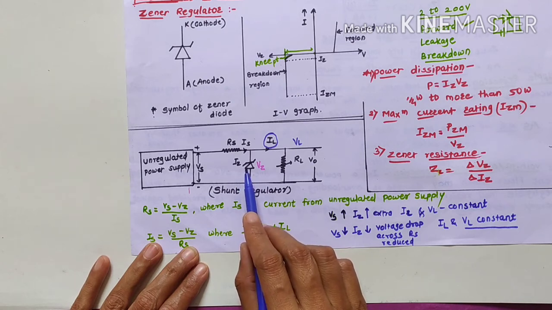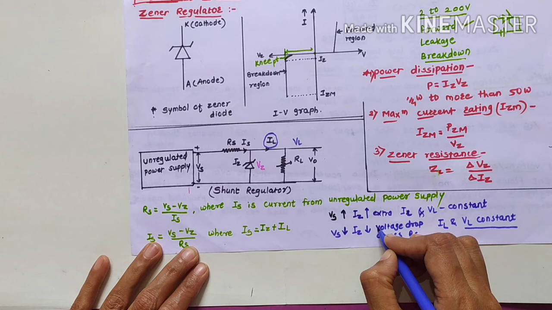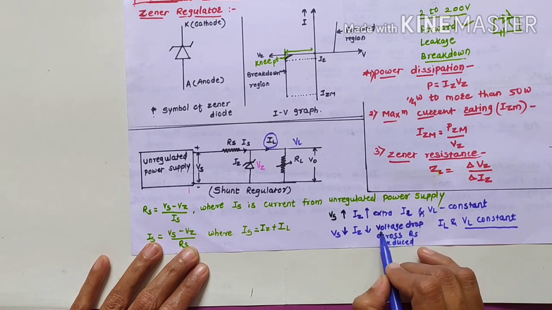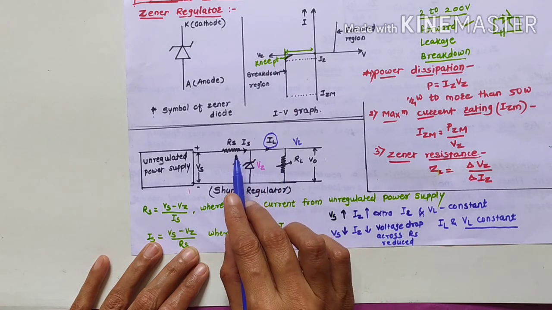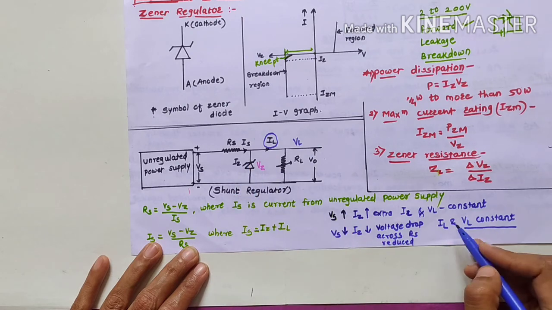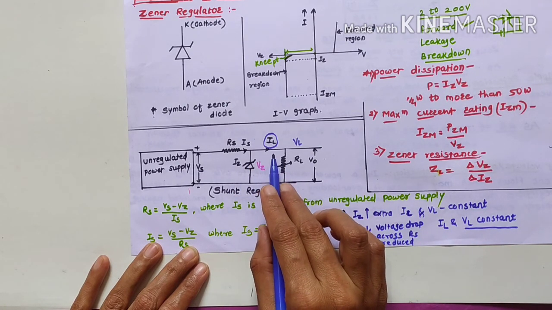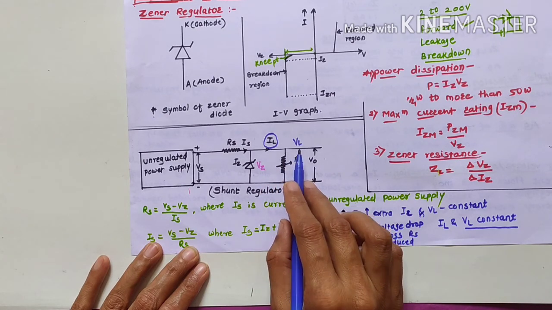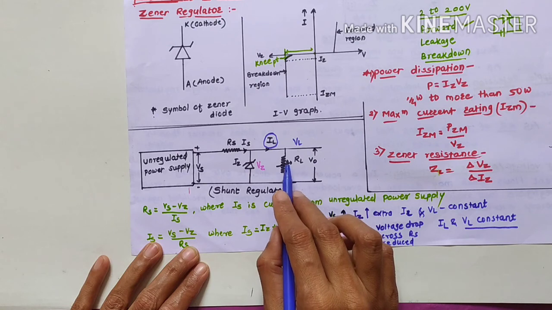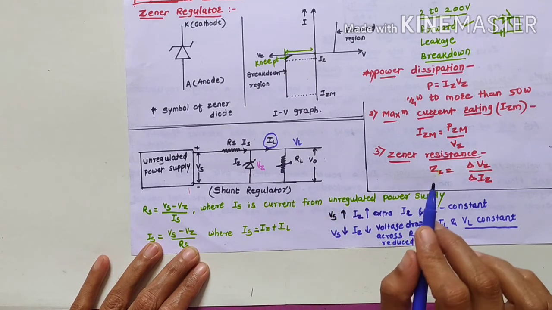Therefore, this reduced current is responsible for the reduced voltage drop across this Rs. Therefore, the load current remains constant. As this load current remains constant, the voltage at the output, that is the voltage across this load resistance, remains constant.